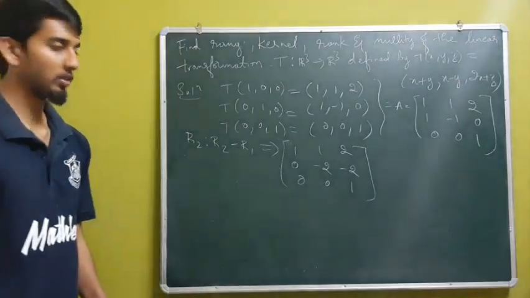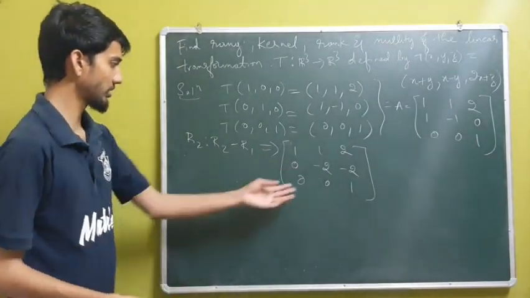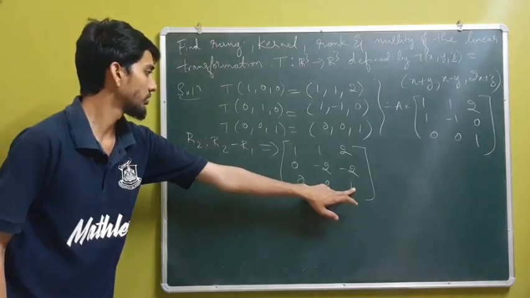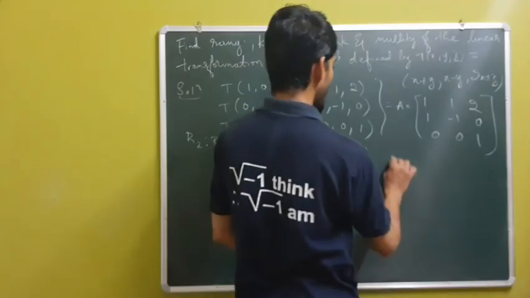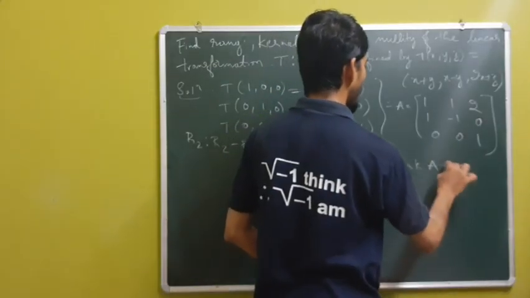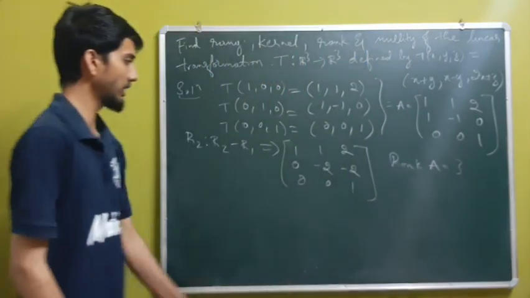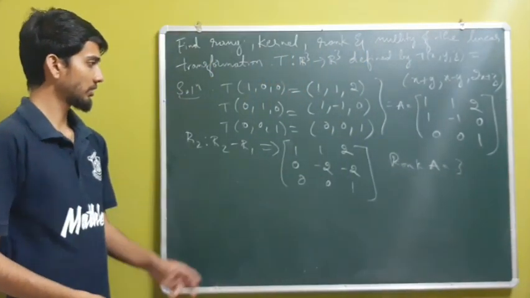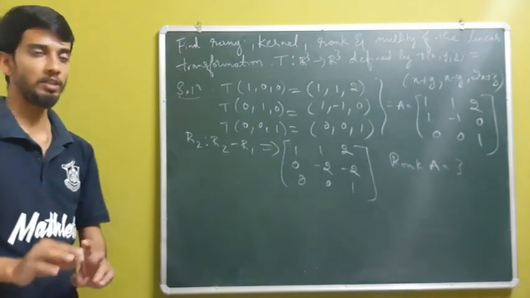And clearly if you observe, we cannot do any further operations to make more entries 0, so rank remains 3. So rank of A is 3.